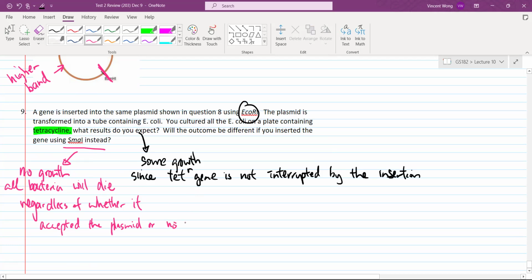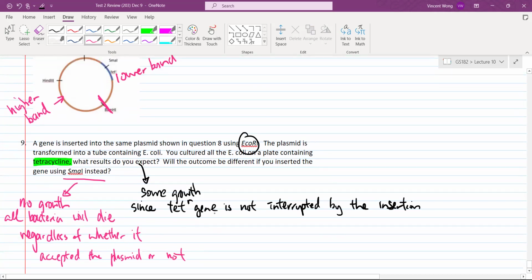If they don't accept the plasmid, they will die, of course, because antibiotics killed them. But even if they accept the plasmid, it's not going to help them because we decided to use SmaI to insert the gene, which means the gene is going to go right into the middle of TetR.